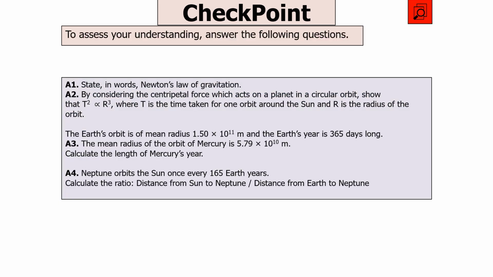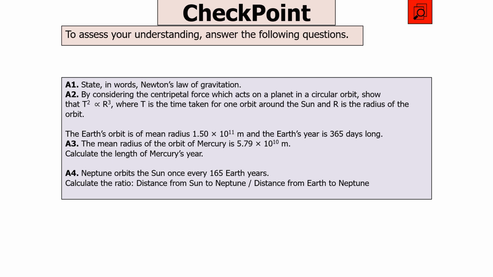The next question says, state in words Newton's law of gravitation. By considering the centripetal force which acts on a planet in circular motion, show that T squared is directly proportional to r cubed, where T is the time taken for one orbit around the Sun and r is the radius of the orbit. Now the Earth's orbit is of a mean radius 1.50 times 10 to the 11 meters, and the Earth's year is 365 days long.